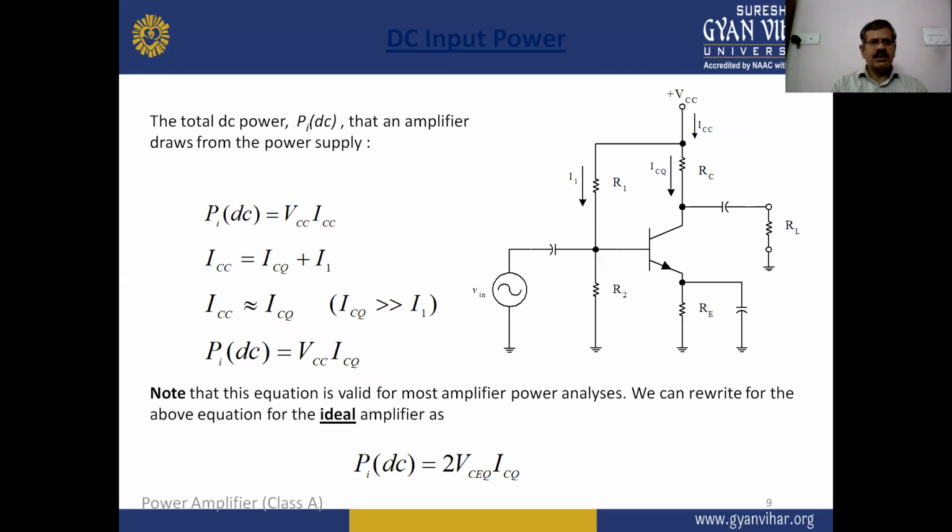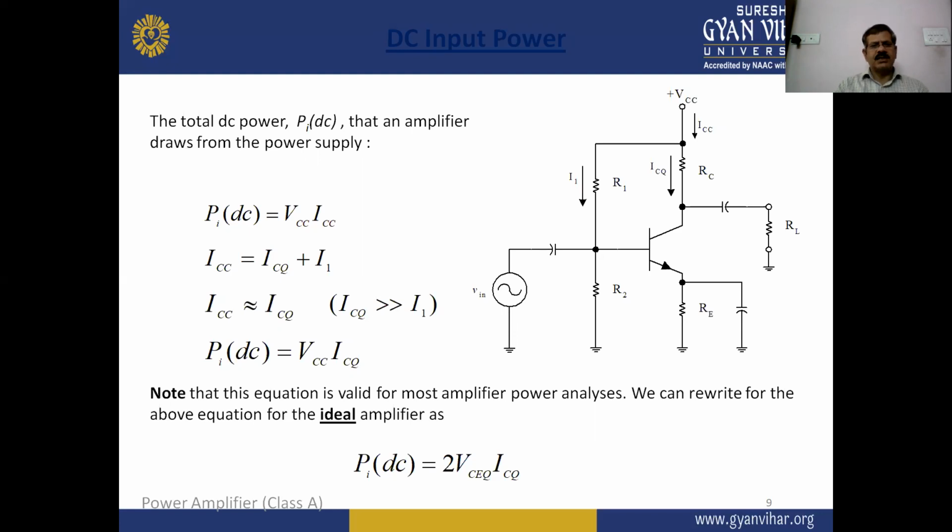So the total DC power PIDC that an amplifier draws from the power supply will be equal to VCC ICC, and ICC is equal to ICQ plus I1. And also ICC is approximately equal to ICQ, where ICQ is much greater than I1.